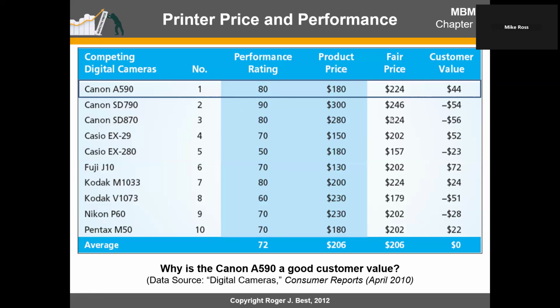So if I'm buying as, let's say, a professional photographer, I give the Canon A590 a performance rating of 80 out of 100. The retail price is 180, but as a professional photographer, I say to myself, hey, I would be willing to pay almost $225 for it, but I only had to pay 180, yay for me.